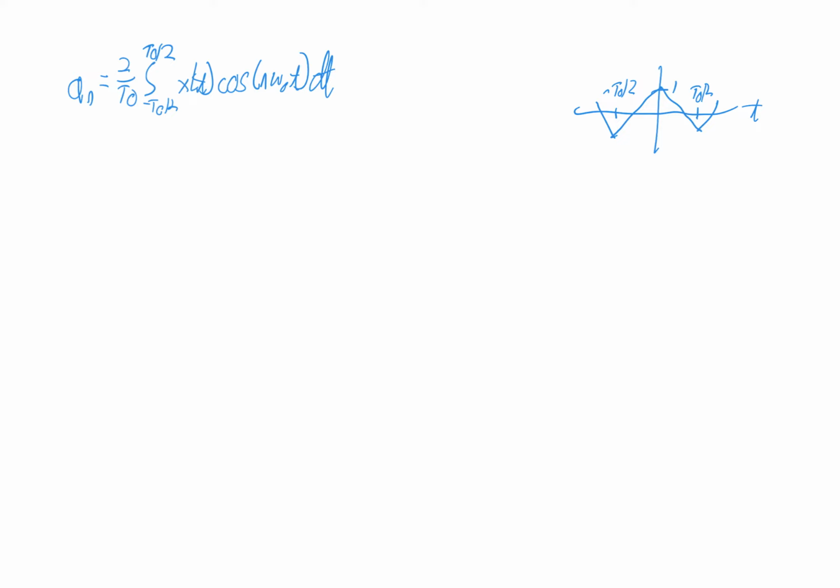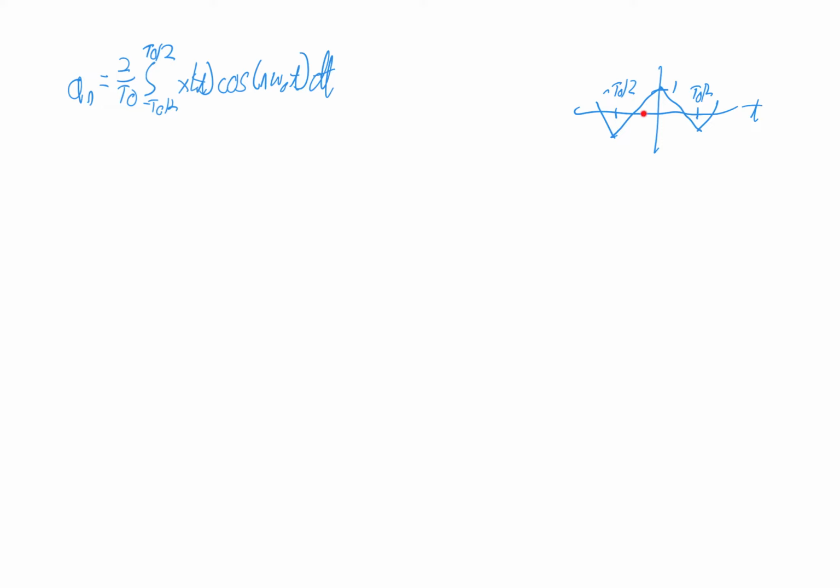And now we're going to do one more simplification. We notice that the triangle wave is an even function, and we are multiplying it by cosine, which is an even function. So when we multiply two even functions together, we get an even function. And when we have the integral of an even function over a symmetric interval, we're looking at the even function at negative times and positive times, and the integral is going to be symmetric.